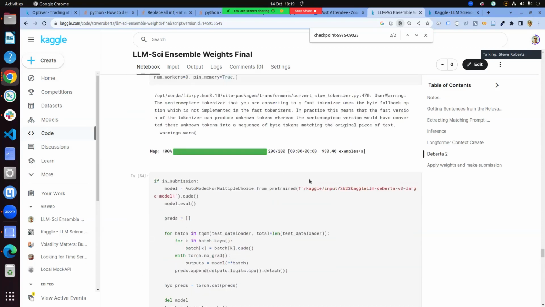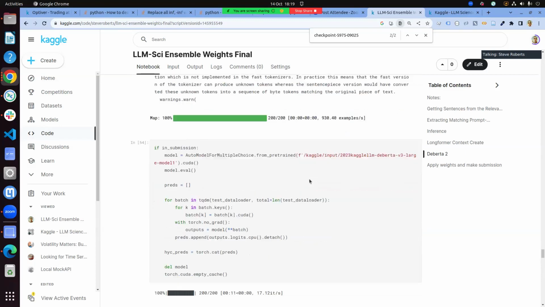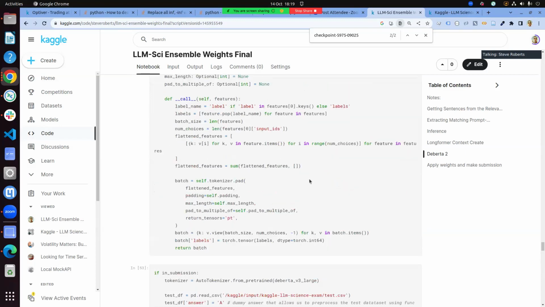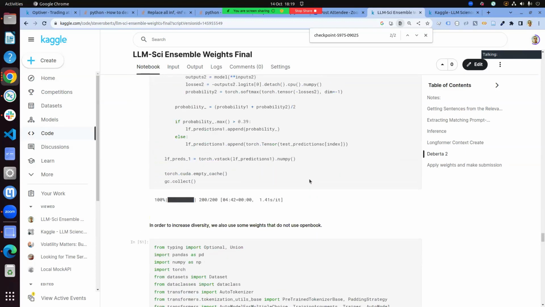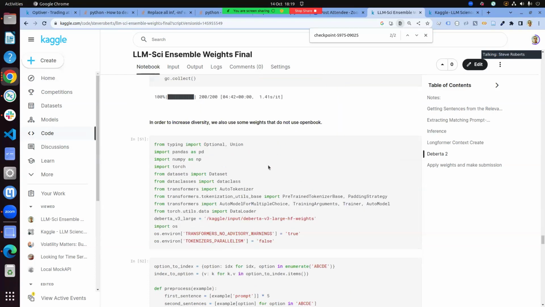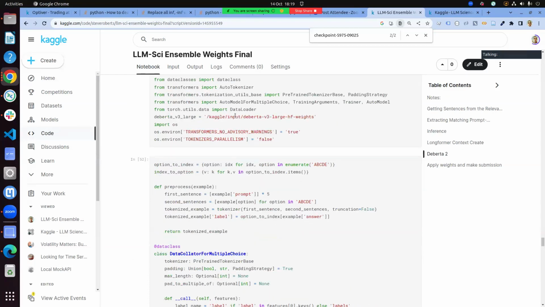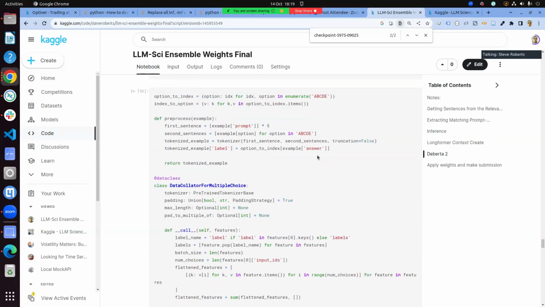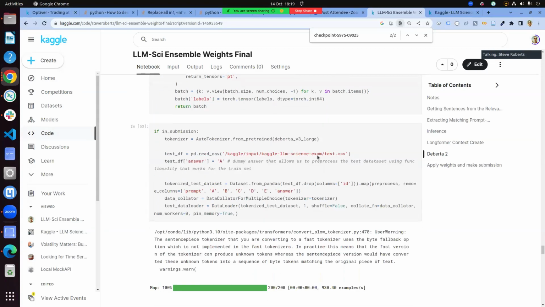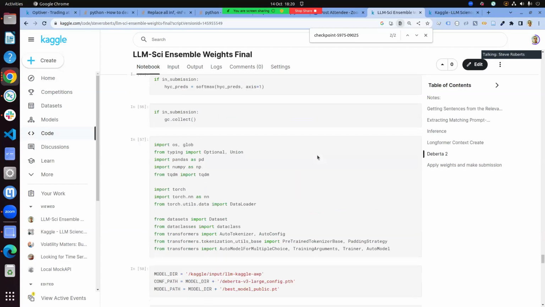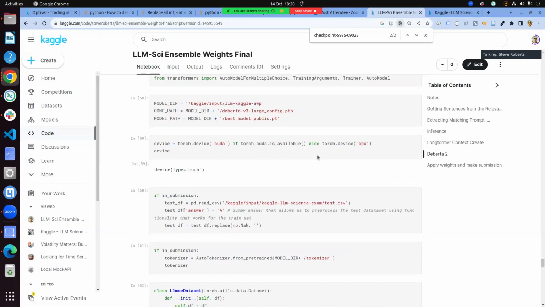So I don't actually know what they are. I just stuck with them. So there's two models here, whatever this is. I don't even know which notebooks they've come from, but there's two extra models.